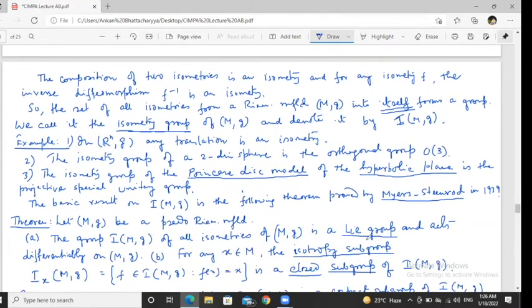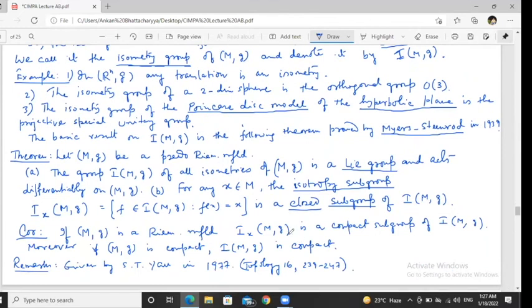The basic result on I(M, g) is the following theorem given by Myers and Steenrod in 1939. Let (M, g) be a pseudo-Riemannian manifold. The group I(M, g) of all isometries of (M, g) is a Lie group.